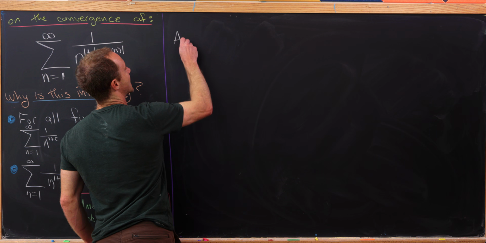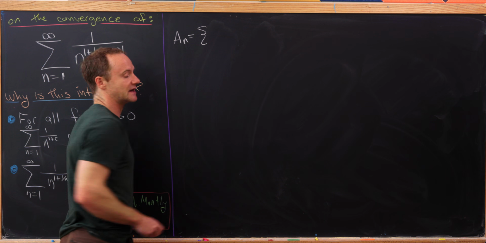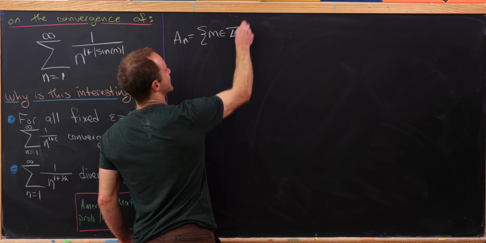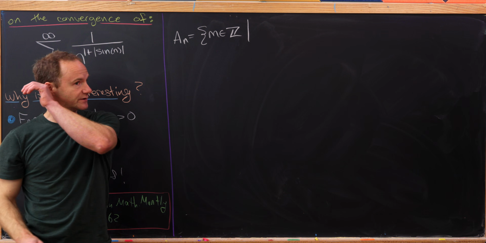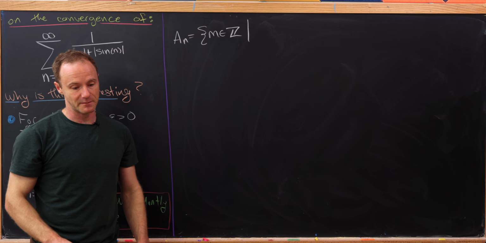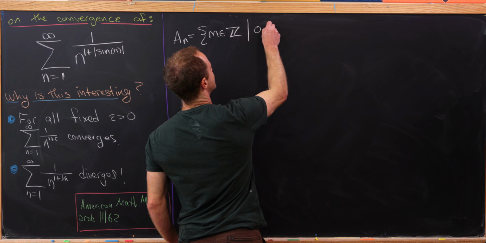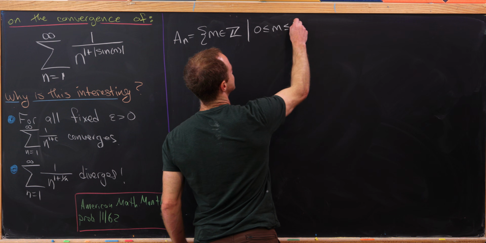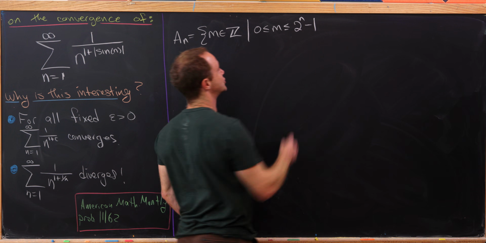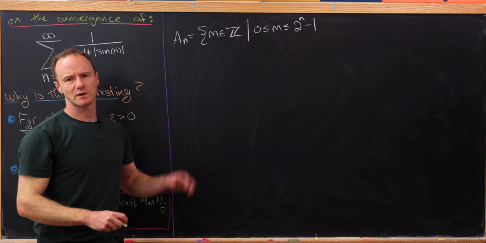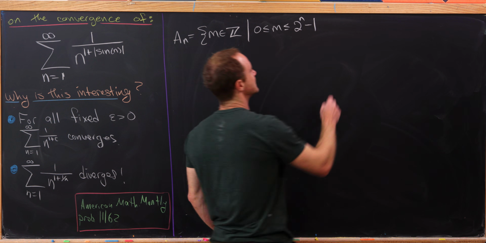The first set we'll call A sub n, and the general shape of an element will be an integer. So we've got all integers m, and they have to satisfy a couple of rules. First of all, they have to be bigger than or equal to 0 and less than or equal to 2 to the n minus 1, and that minus 1 is outside of the exponent.